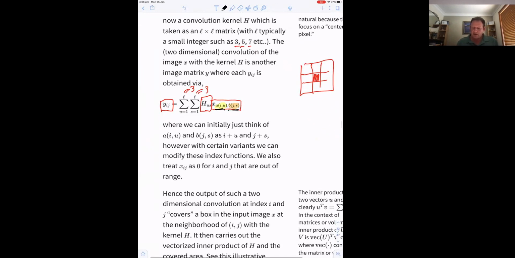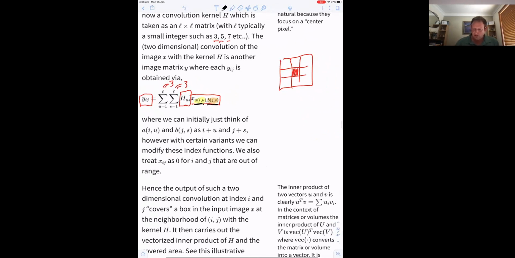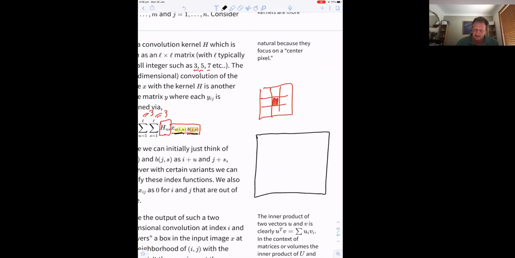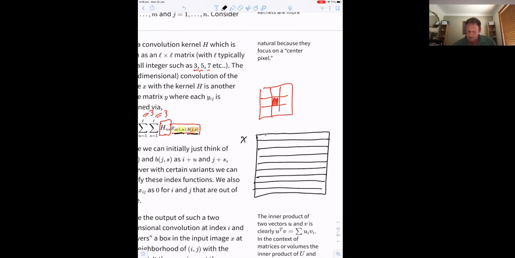Just to view it more generally, this is how you'd see it elsewhere. Let's say that's your input image X. X has quite a lot of pixels, on the order of hundreds or dozens. That's your X, and this is your filter H. H is just, say, 3 by 3, so I'm drawing it like this.